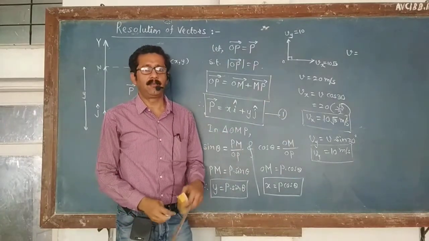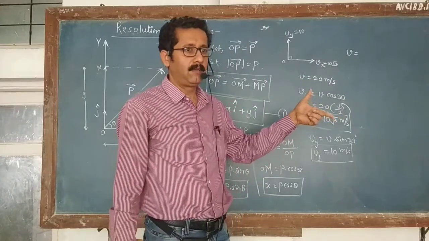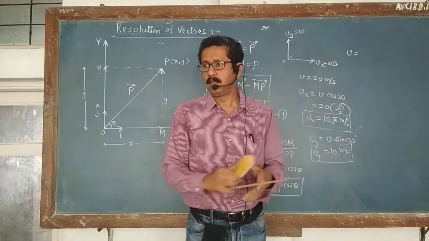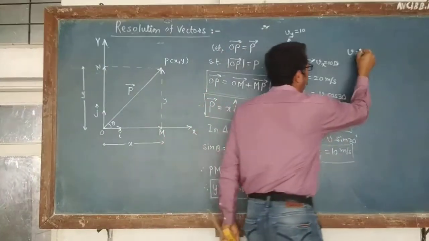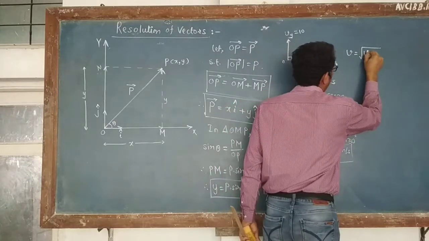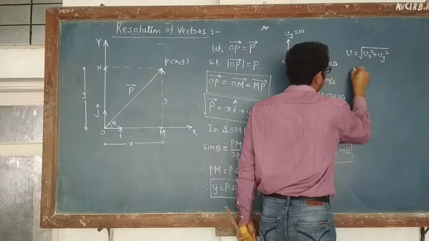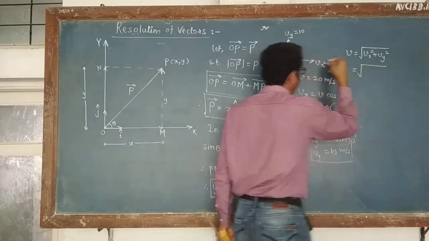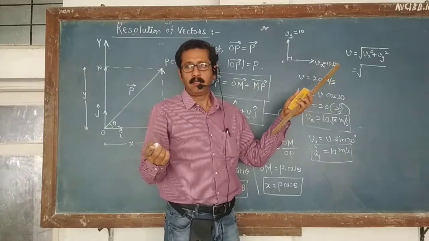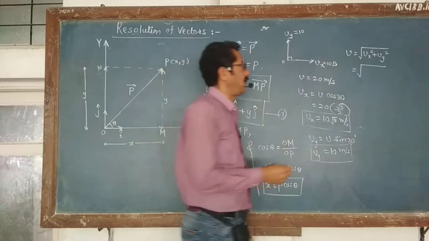Yesterday we studied the parallelogram law, that whenever two vectors were acting perpendicular, the resultant was equal to root of p squared plus q squared. So here in this case, the total velocity V will be equal to square root of Vx squared plus Vy squared. So it's equal to square root of Vx squared, means 10 root 3 squared. What is 10 root 3 squared? It is 100 into 3, that is 300.